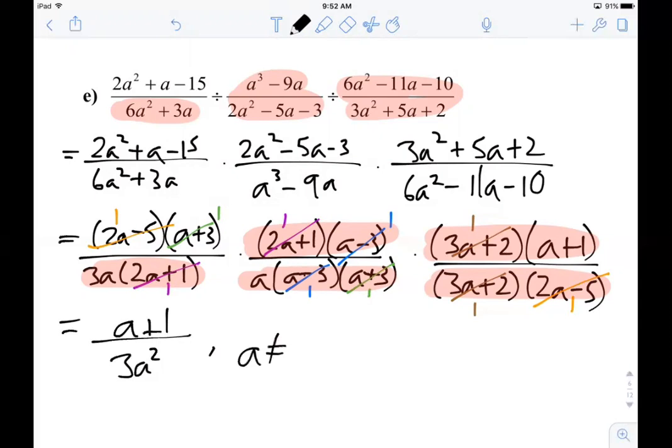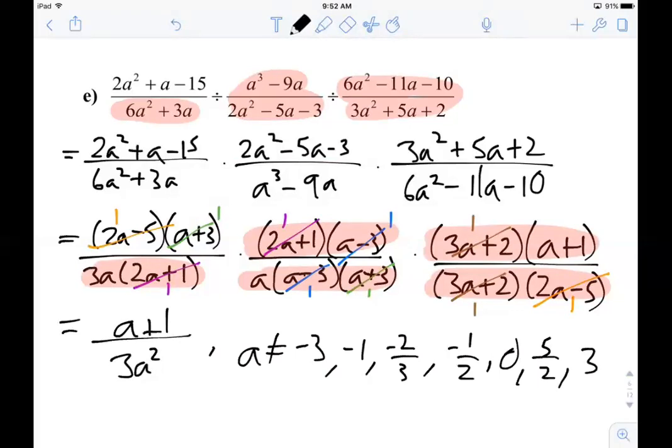A in this case could not equal -3, or -1, or -2/3, or -1/2, or 0 for that matter, or 5/2, or even +3. All of those are restrictions.